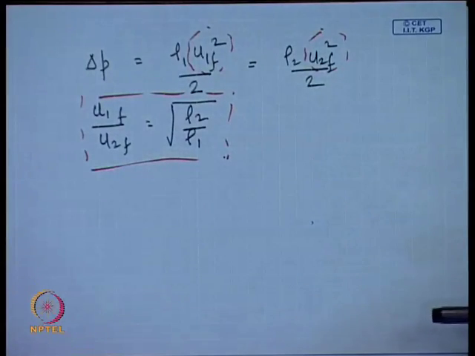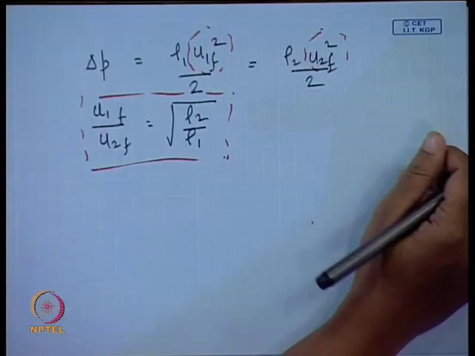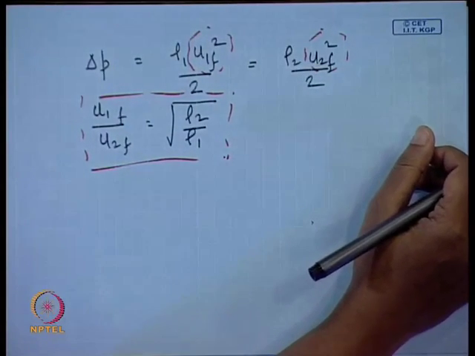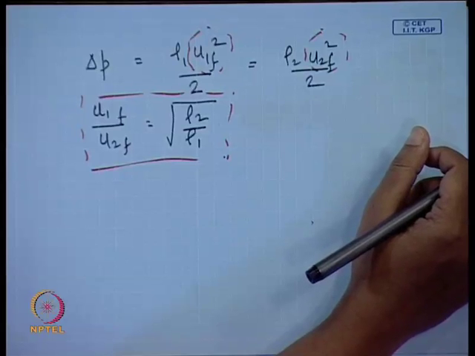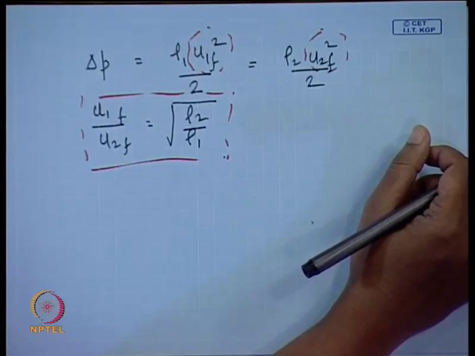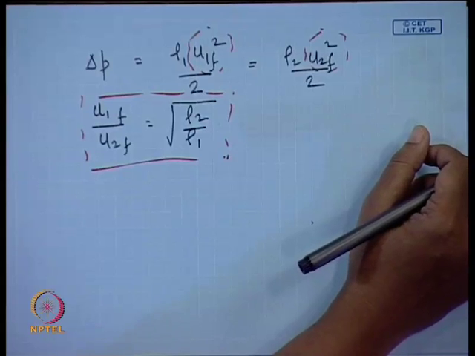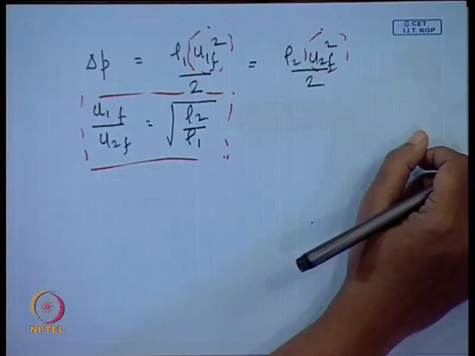So, we find that the final velocities after expansion depend upon their densities. This is a very simplified derivation with a lot of assumptions, but under normal circumstances it gives more or less appropriate results.